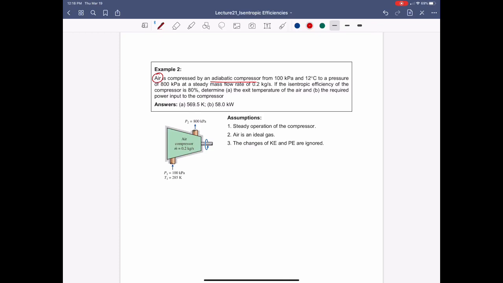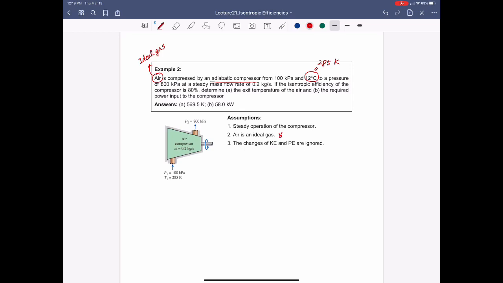Now the inlet condition is 100 kilopascal and 12 degrees Celsius. Or we can change that to absolute temperature, which is 285 Kelvin. Now, because we are talking about air, we can assume that as an ideal gas, which is also written here in the assumption.